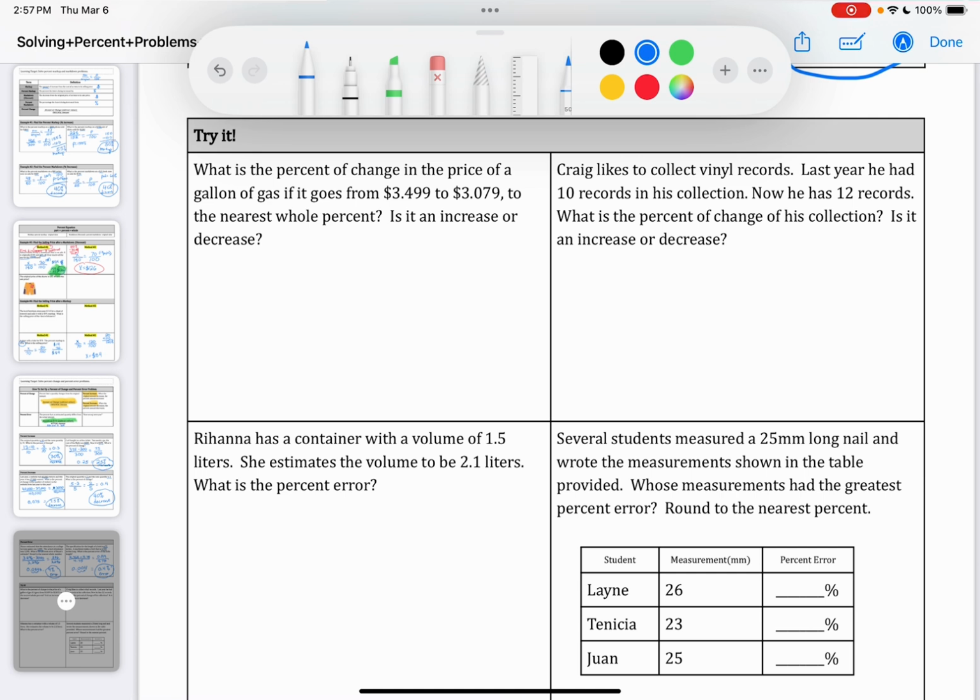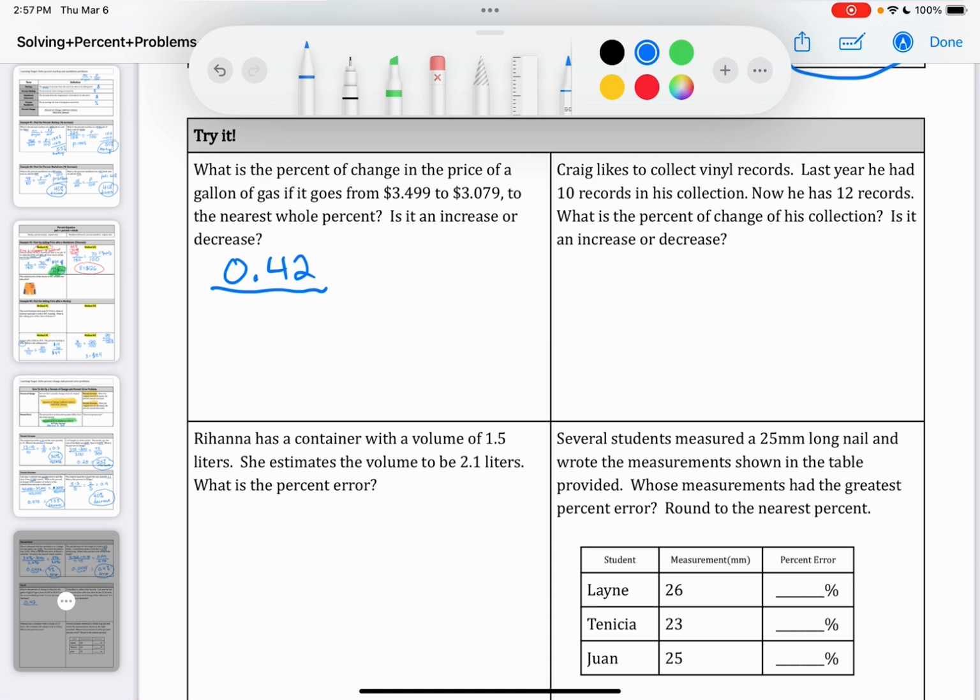So we want to find the percent of change, the nearest whole percent. So we need the difference, 3.499 minus 3.079, and I got a difference of 0.42.